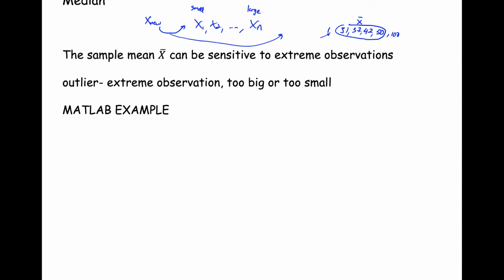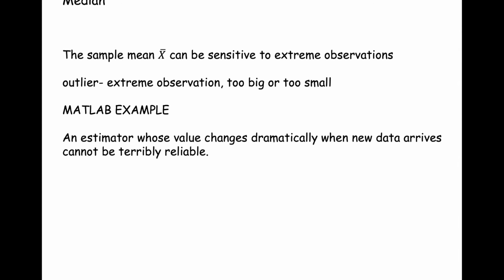Now, of course, if it moves your sample mean, your mean heart rate, then it's going to be inaccurate and not a very true depiction of what your general heart rate typically should be. So an estimator whose value changes dramatically when new data arrives can't be very reliable.